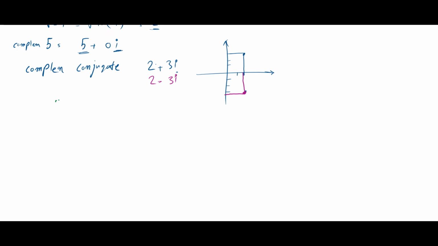Another example is minus 4 plus 2I. Its conjugate would be minus 4 minus 2I. So it is 1, 2, 3, 4, plus 2I, and this is minus 2I.